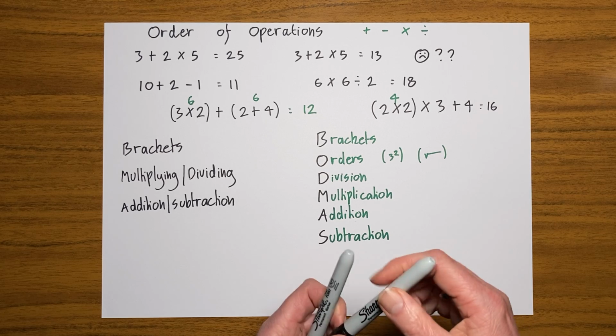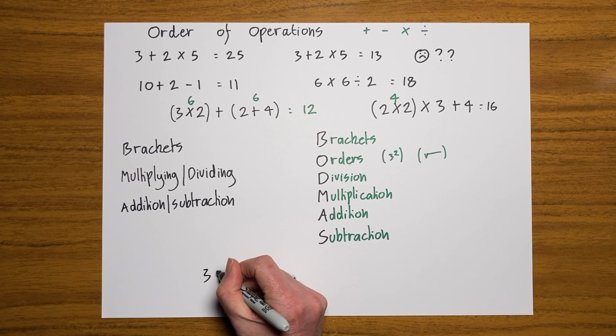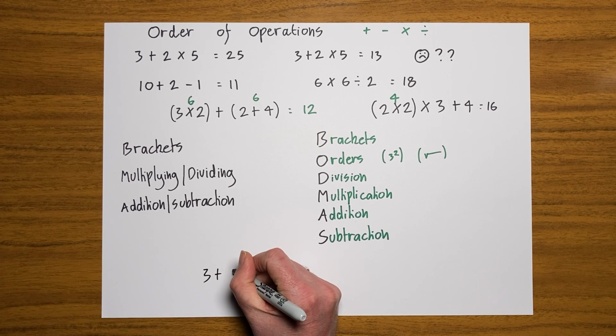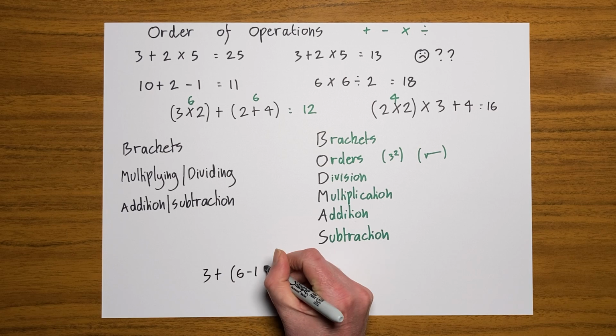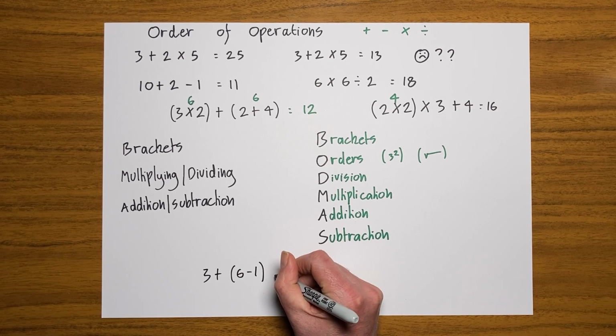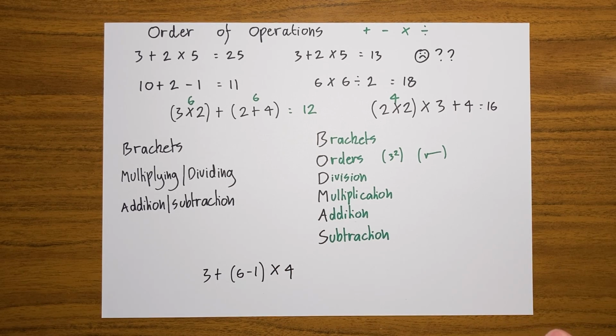Let's do quite a nice example at the bottom to see if we can do it. So I'm going to do 3, add 6, take away 1, multiply it by 4. So let's go through and see what we've got here.